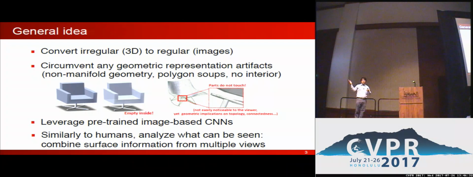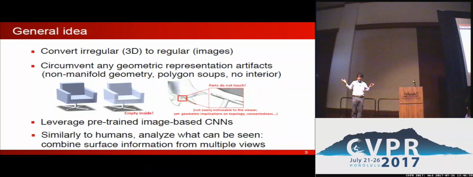The tessellation can be quite irregular, so you cannot order the vertices. The neighboring vertices for each vertex, you cannot create a nice ordering of the neighborhood around each vertex. So convolution is not trivial to implement in this kind of data structures. So by converting everything to images, by converting everything to regular grids, you can apply your traditional convolution.